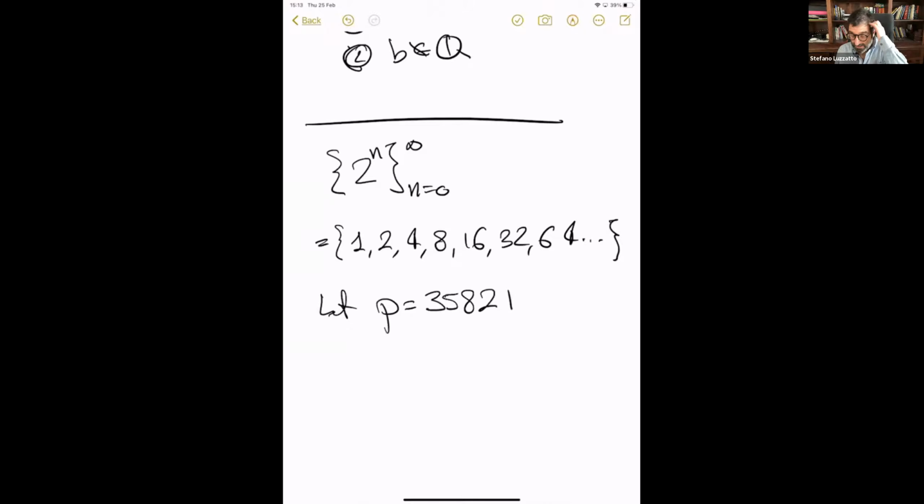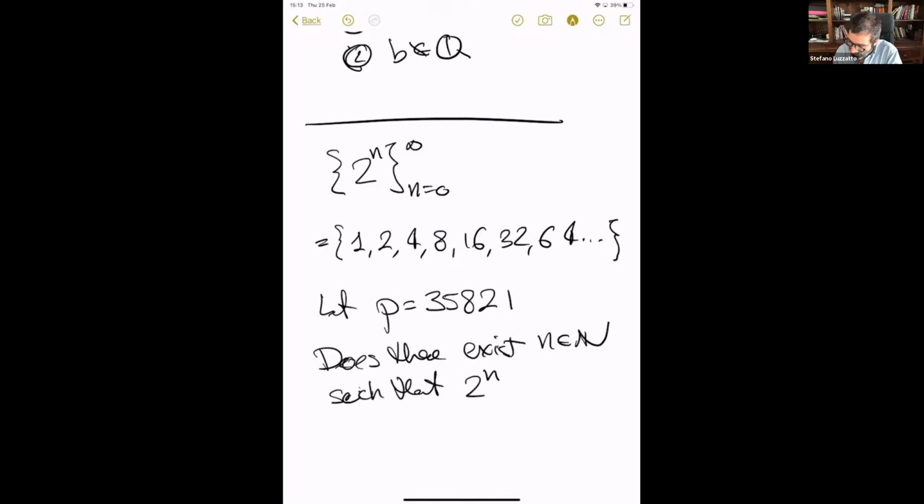My question is, does there exist n in N such that 2 to the n begins with P, 35821?